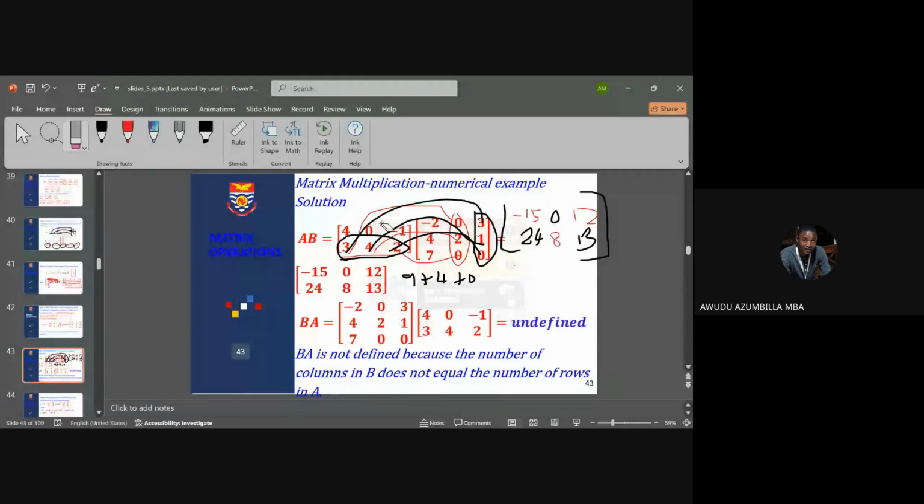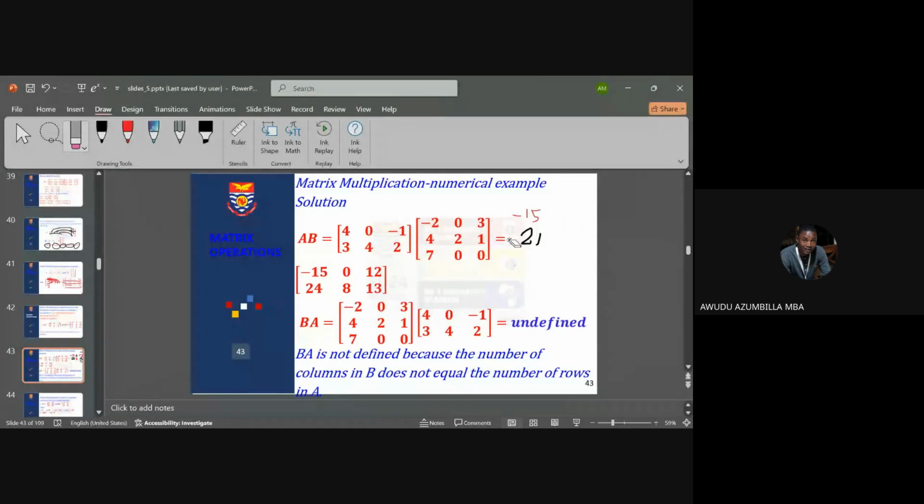The number of rows must be equal to the number of columns before you can multiply. Let's look at the second one. We are multiplying A by B. That's why we are able to multiply. Let's multiply B by A and see whether they are compatible.